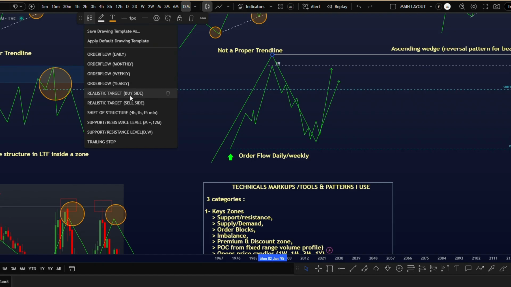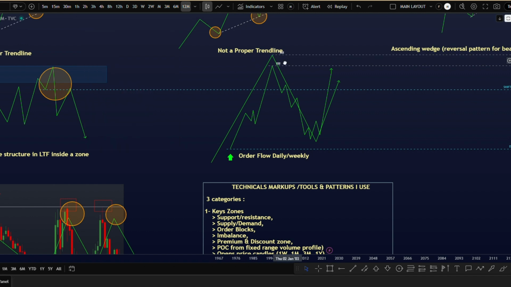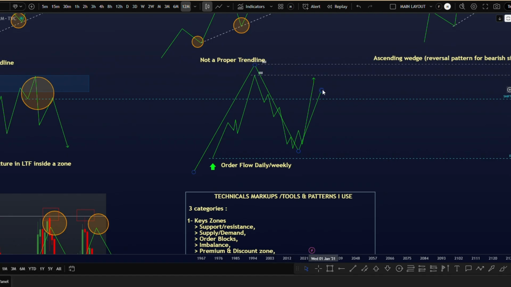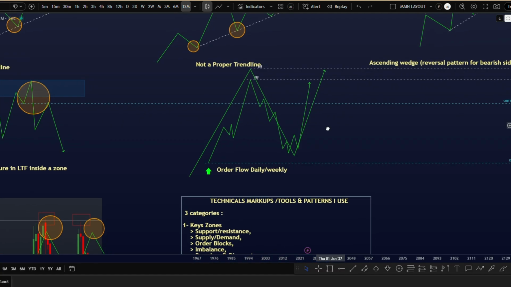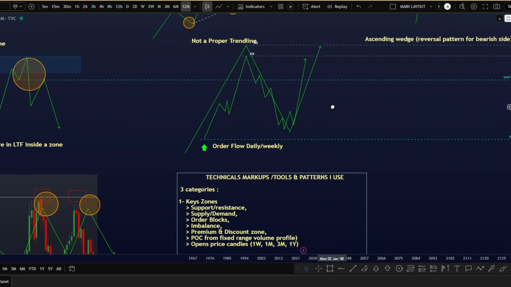We have the same on the sell side. So for this instance it will be this target. This is what I call the realistic target. So I like to target the realistic target on the order flow daily and the order flow weekly.